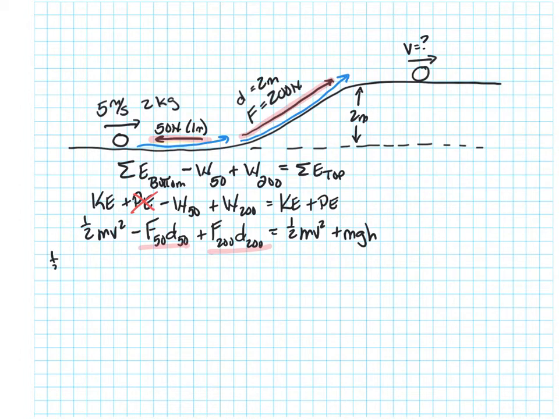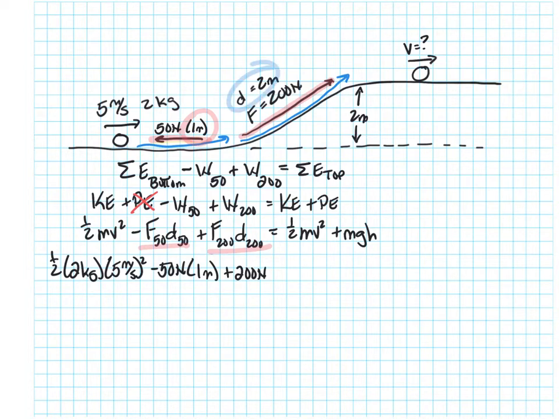Start over here. 1/2 mass, 2 kilograms, times the velocity squared, 5 meters per second squared, minus 50 newtons times the distance, which in this case is 1 meter, plus 200 newtons times its distance, which is 2 meters.